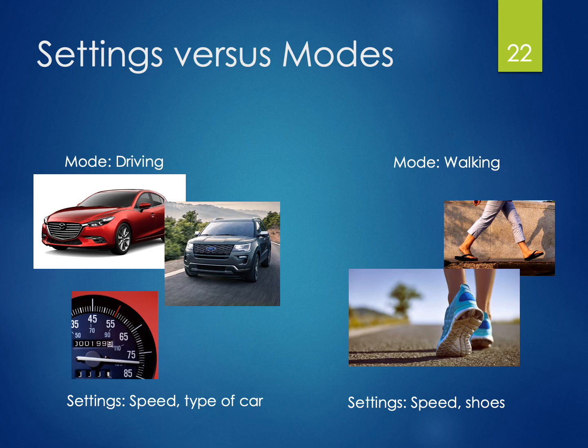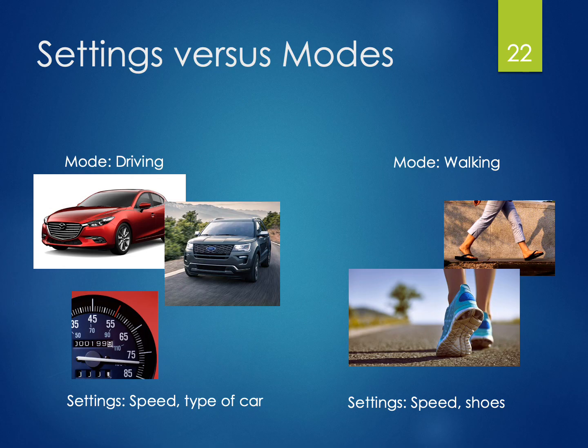Now, the settings might be that you drive a Ford at 65 miles per hour or maybe a Mazda at 55 miles per hour. So they're both in the mode of driving a car, but the settings are different within that mode, depending on the type of car you drove. Or you could walk, but maybe one day you walked at 2 miles per hour with tennis shoes on, and the next day you wore flip-flops and you went 1 mile per hour.